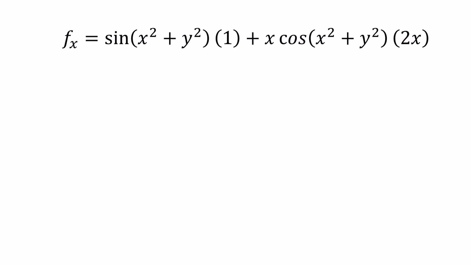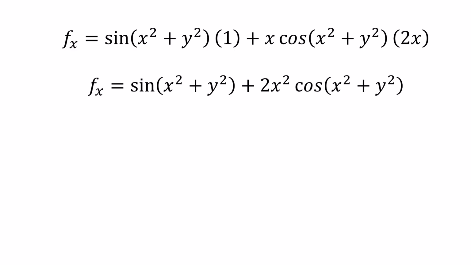Multiplying, we arrive at a final answer of f sub x equals sine of x squared plus y squared plus 2x squared cosine of x squared plus y squared.